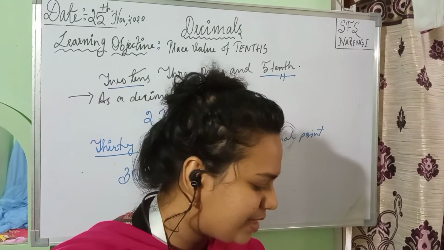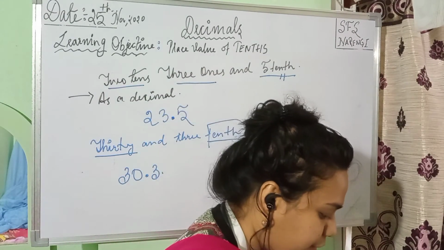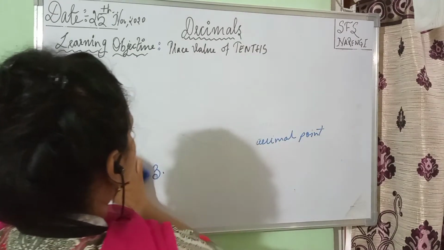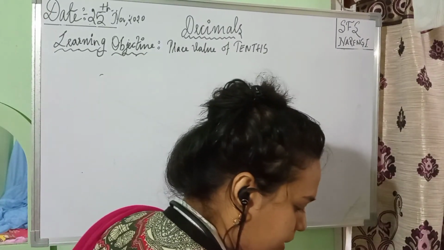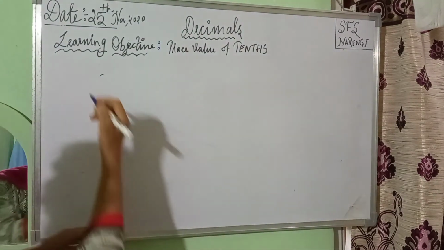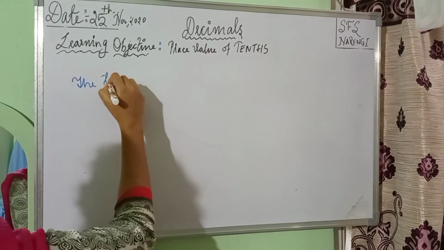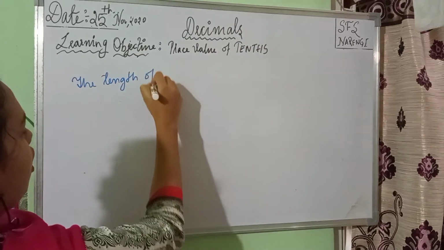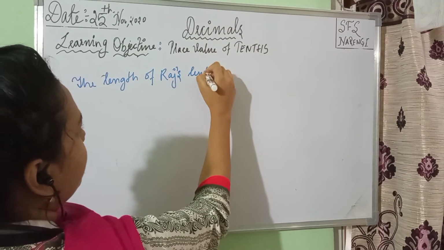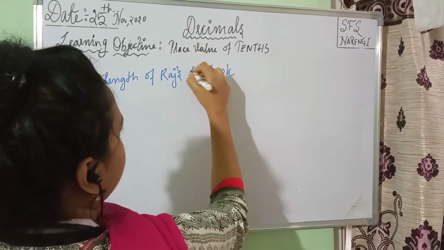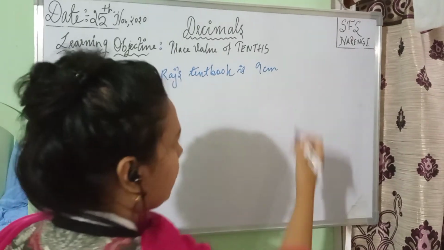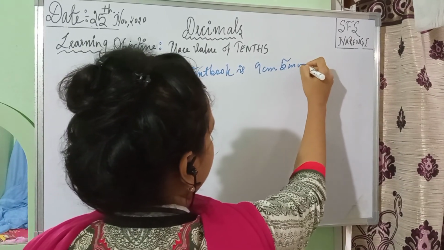Alright, so let us try a problem that I might give you. Let me give a problem. The length of Raj's textbook is 9 centimeter and 5 millimeter.